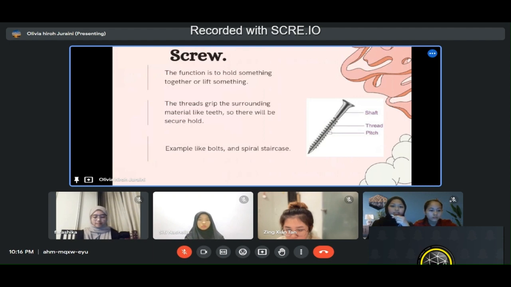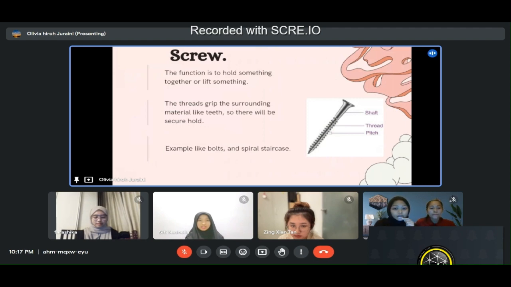So next is the screw. The function is to hold something together or lift something. It is an efficient tool to hold things together because of the threading around the shaft of a screw.